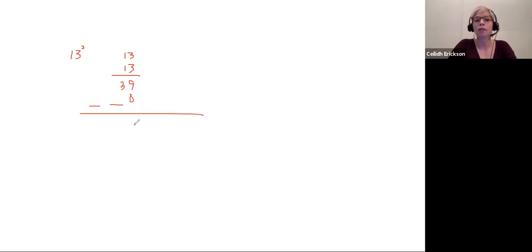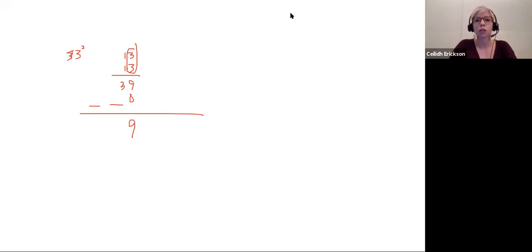So when we add all of that up, the units digit of the product is the same as the product of these units digits. So 13 squared is going to have the same units digit as 3 squared. So when it comes to units digits, you can ignore everything but the units digit. We don't care about anything else. And it'll follow certain patterns.